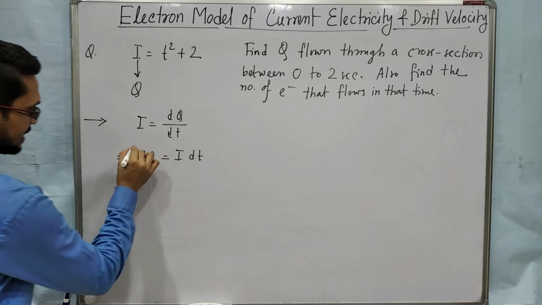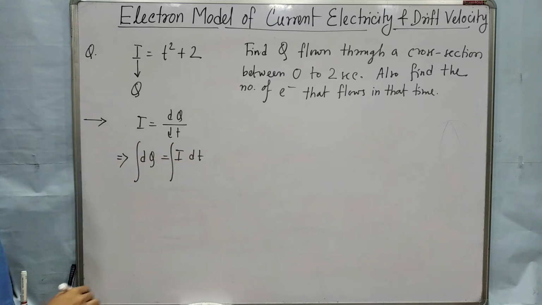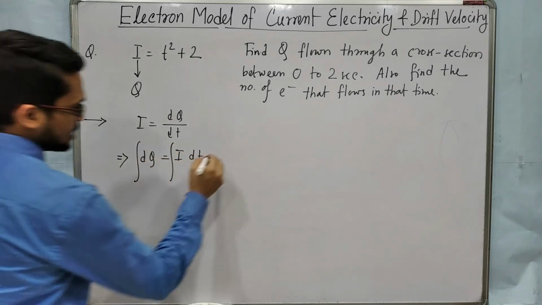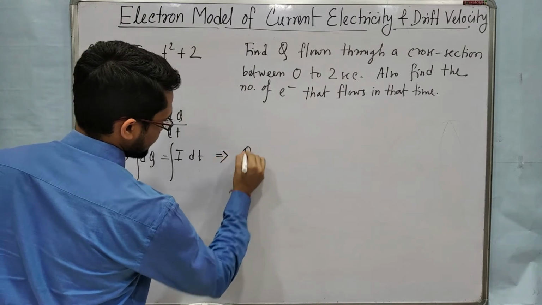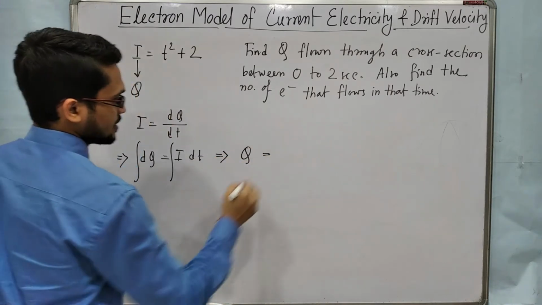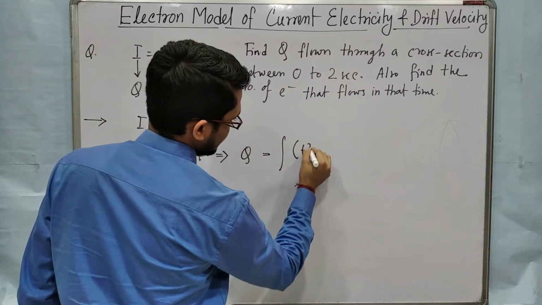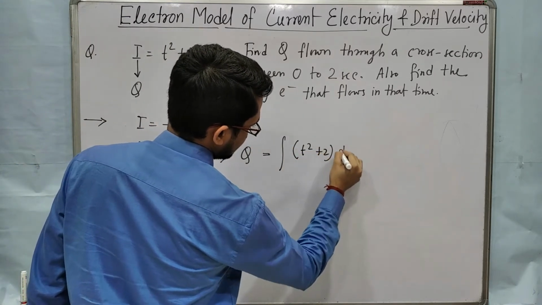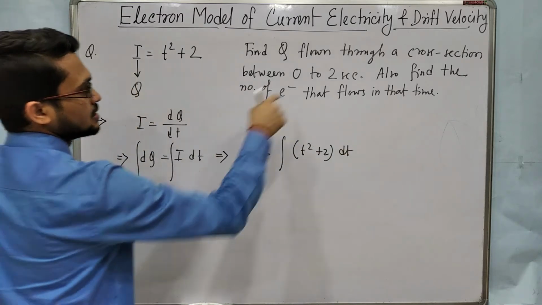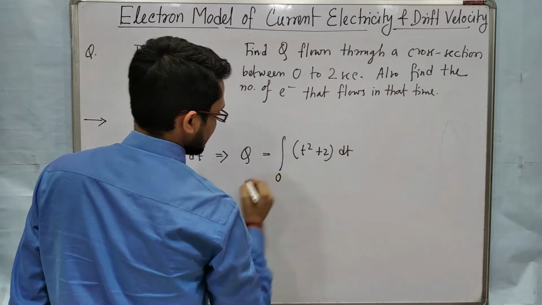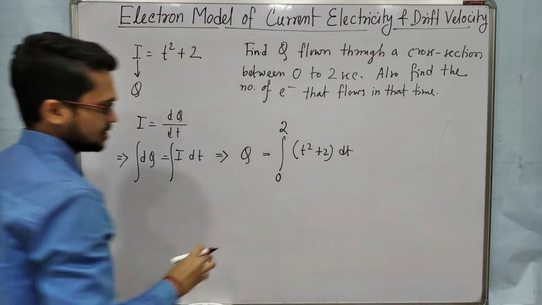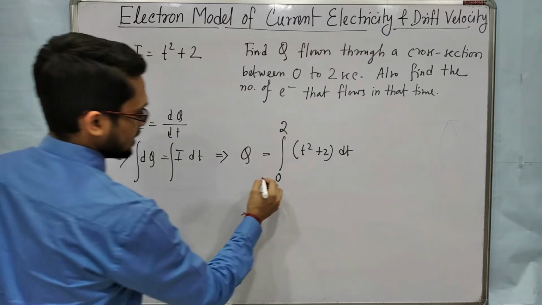Take integration on both sides. You will get dq, meaning total charge q, equal to integration of I dt. I means t square plus 2 dt, ranging from 0 to 2 second. Lower limit 0, upper limit 2 second.